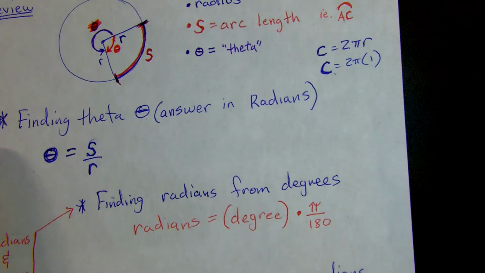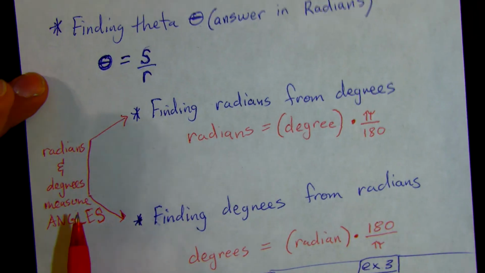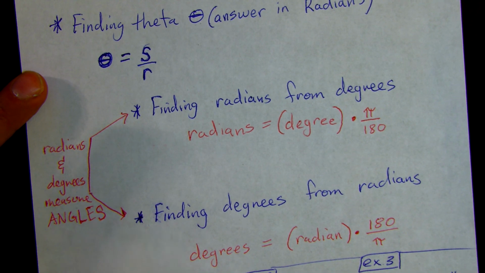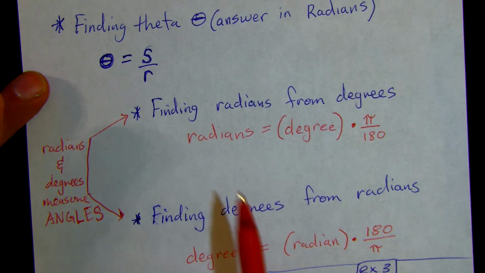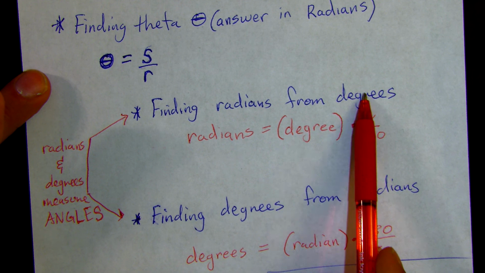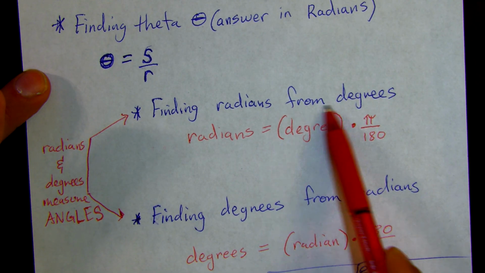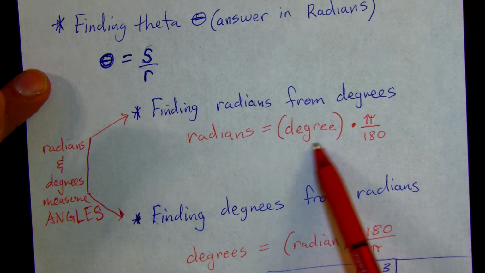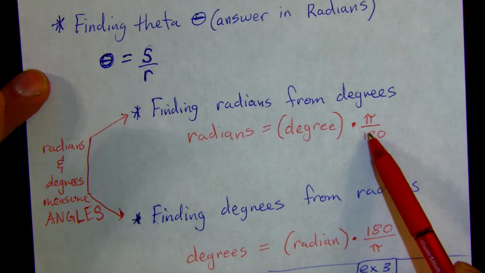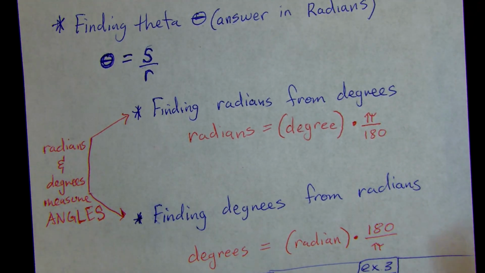Remember, radians and degrees are just ways to measure angles. If I'm finding the radians from degrees, the radians are going to be equal to whatever the degree measure is times pi over 180.